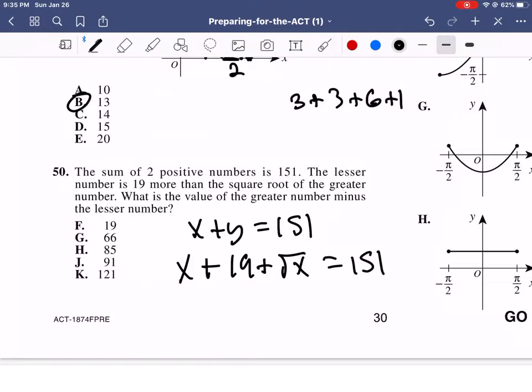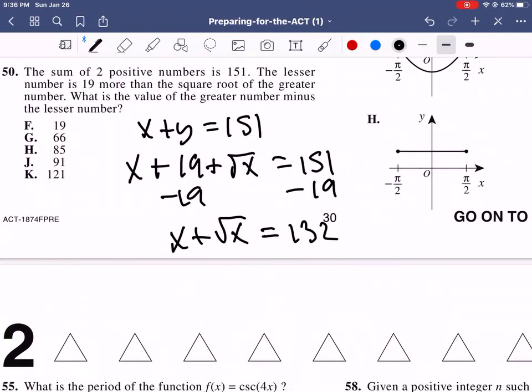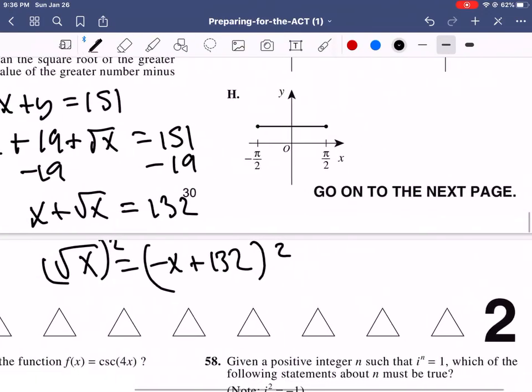I would subtract 19 to get 132 equals x plus the square root of x. So then I would subtract x from both sides. Negative x plus 132 equals the square root of x. Get rid of that by squaring it. And then you FOIL this out.